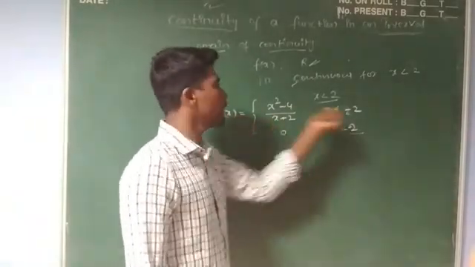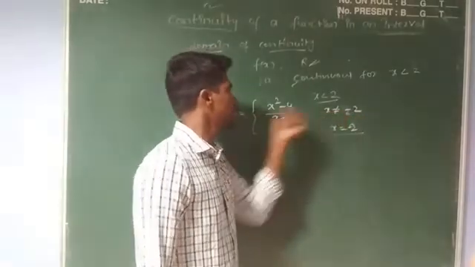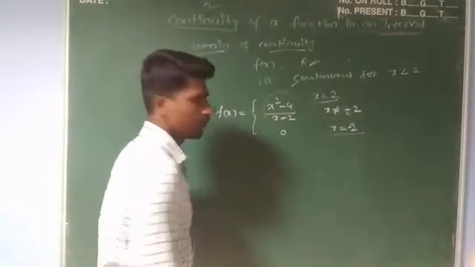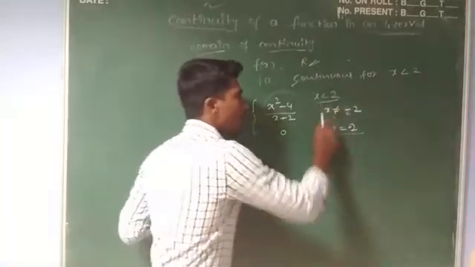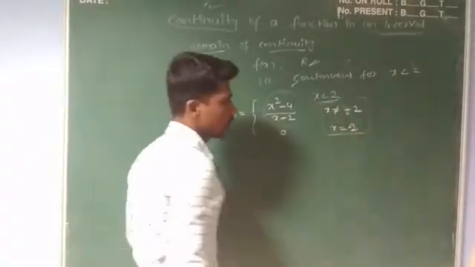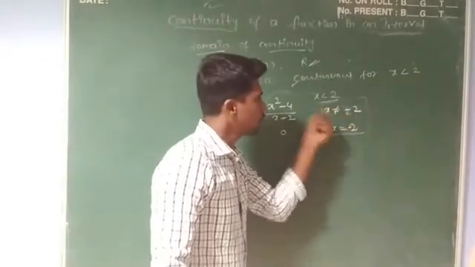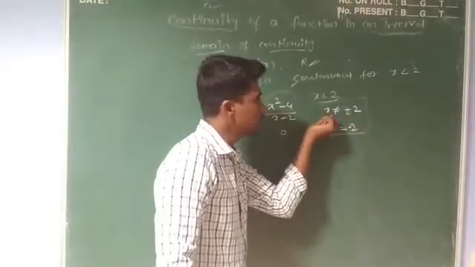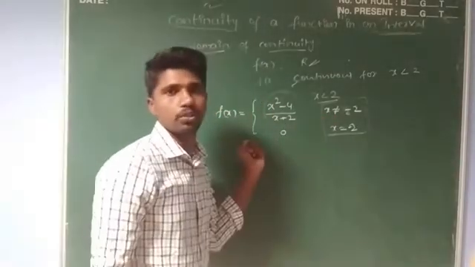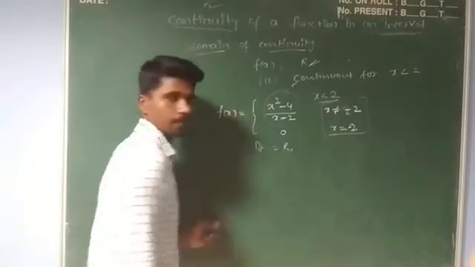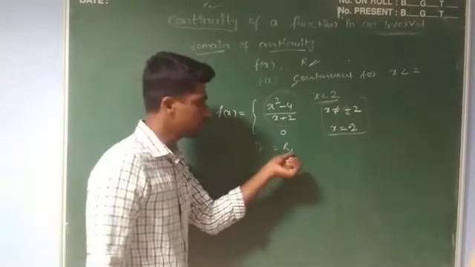If x is not minus 2, then we get the function as x square minus 4 by x plus 2. The value of x is considered from real numbers. So what is the domain of the given function? The domain of the function is real numbers.